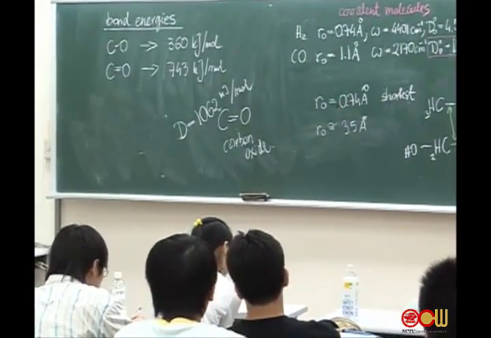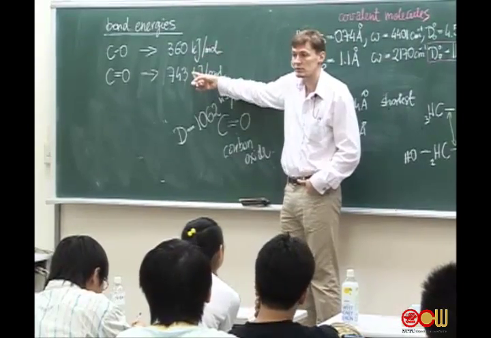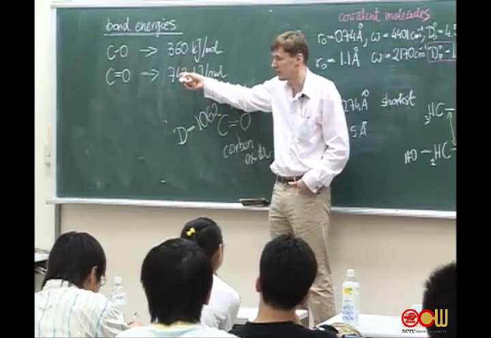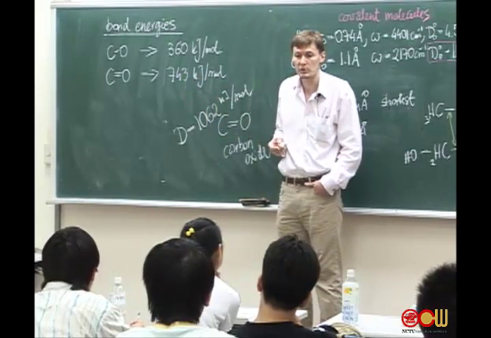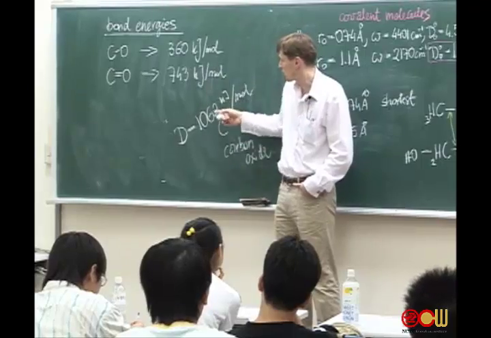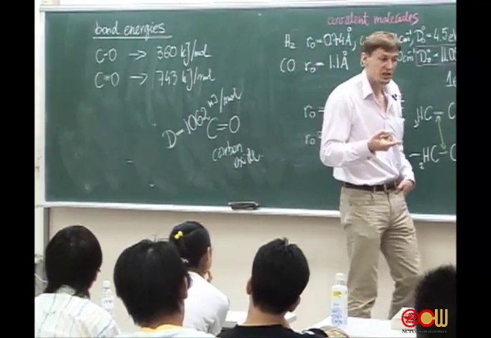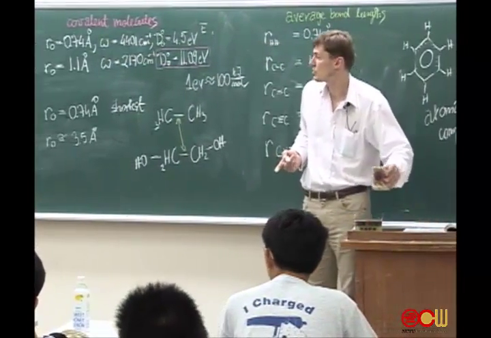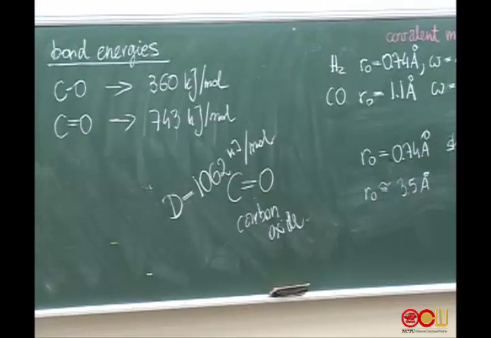Which gives you a feeling of how good the average values are. If these average values are good, then this value should be the same as this, because this molecule has one double bond between C and O. But the difference is 300. The accuracy is only 60%. So you see that in many molecules, even if they have double bonds, carbon, oxygen, the energy of these bonds can be very, very different.